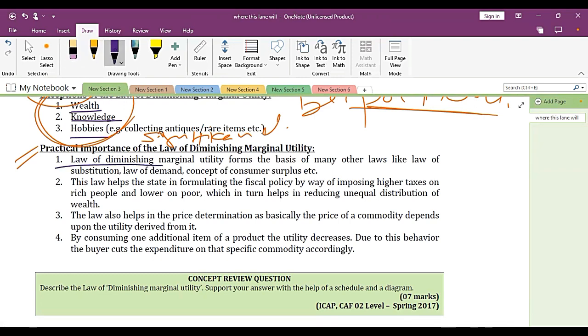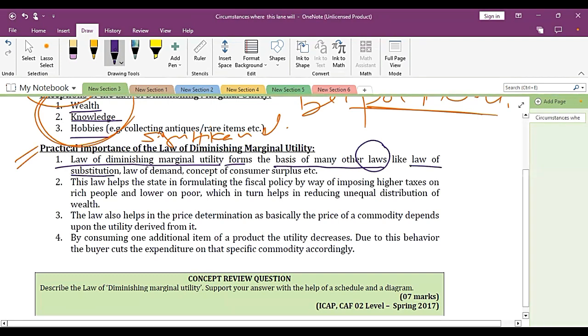First, the law of diminishing marginal utility forms the basis of many other laws. There are some other laws that are based on this concept. For example, the law of substitution that we are going to cover in our next classes of this chapter number 4, the law of demand that we have already covered in previous classes, and the concept of consumer surplus that will also be covered in subsequent classes.